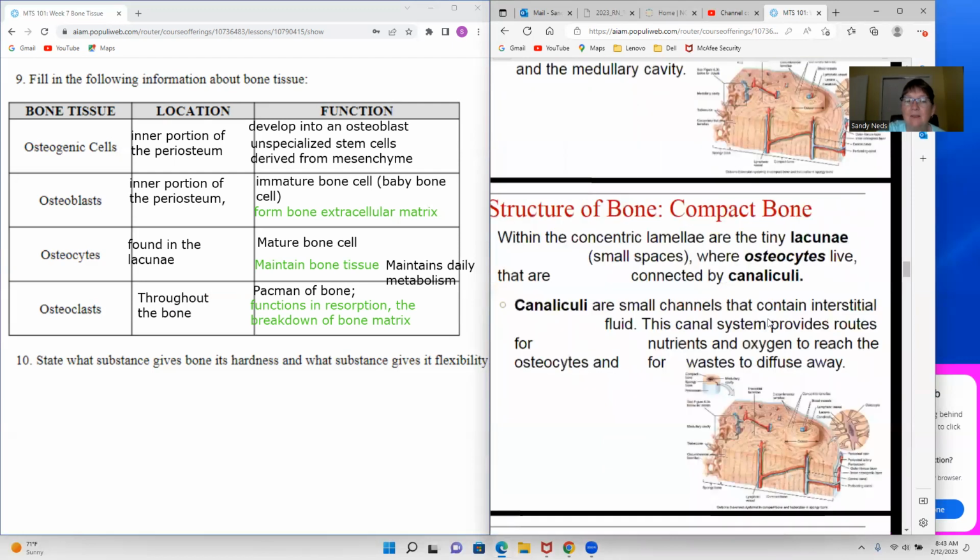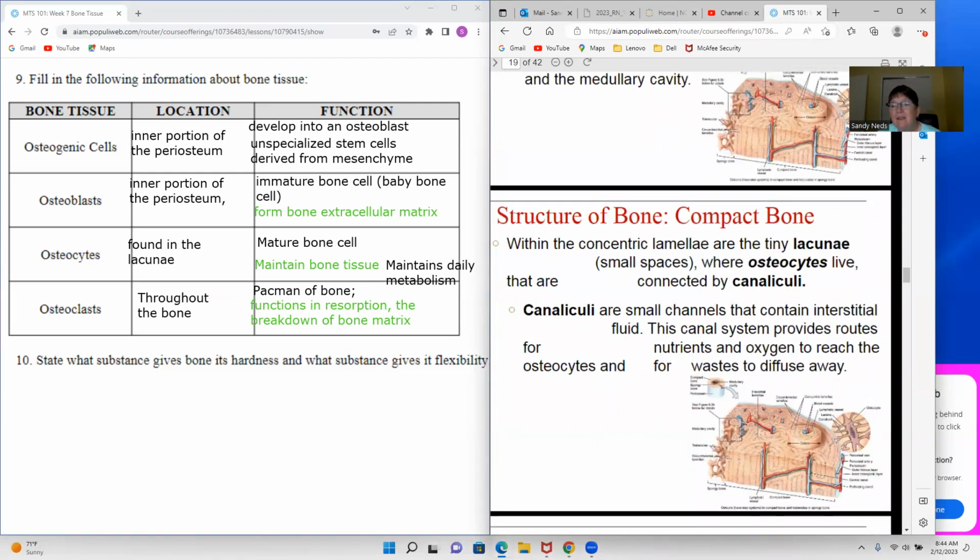If we read what it says, these canals called canaliculi are small channels that connect interstitial fluid that comes out of the blood vessels. And these canal systems provide routes for nutrients and oxygen to reach the osteocyte living in this lacuna, and for the waste from the osteocyte to diffuse away from the lacuna and back to the blood vessels.